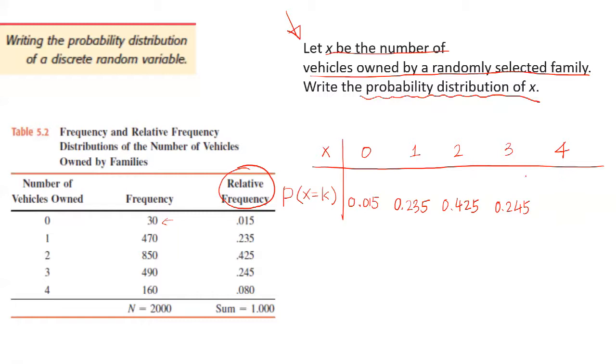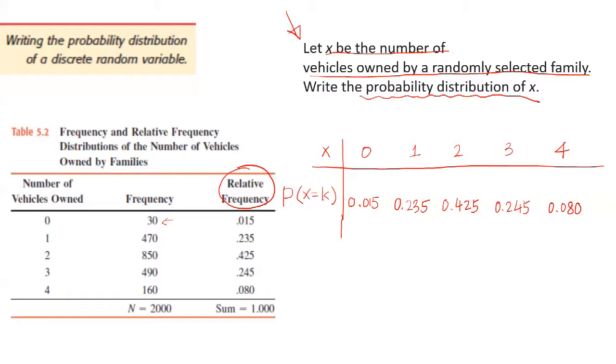And the probability of X being 4 is 0.080. And all these numbers should add up to 1, right? Because there are only 5 possibilities. Okay, understand?